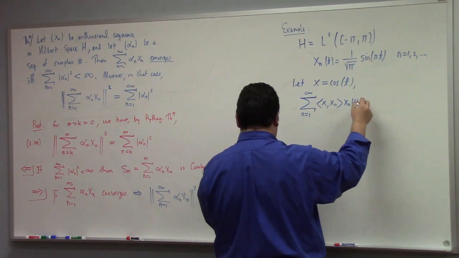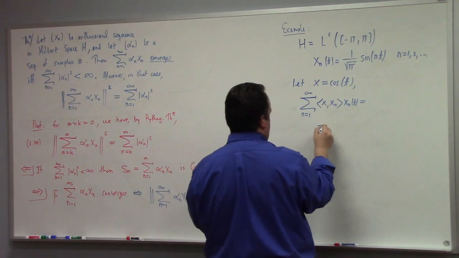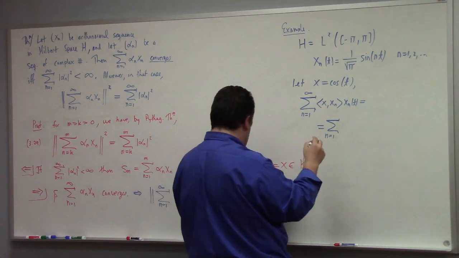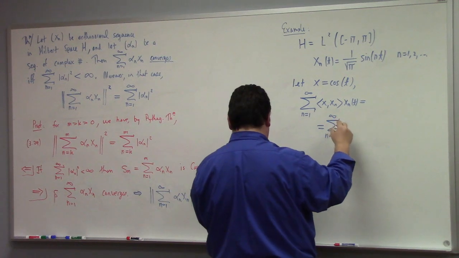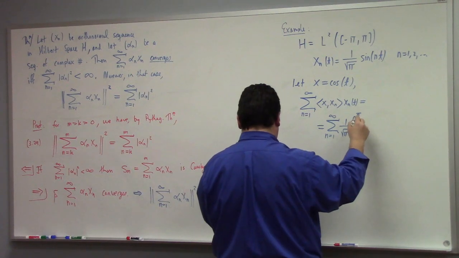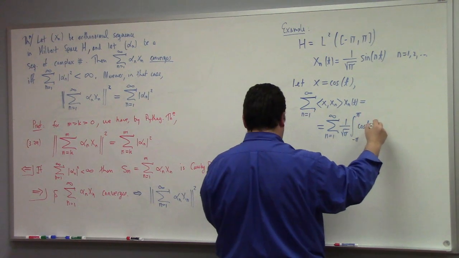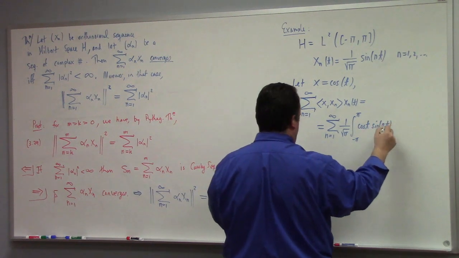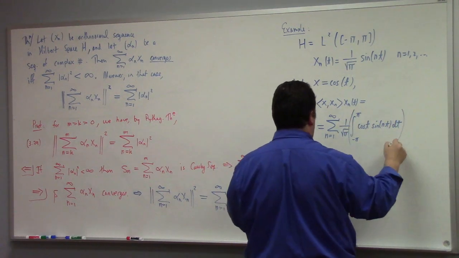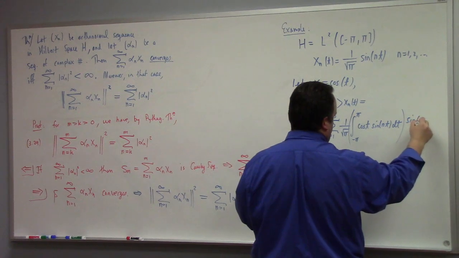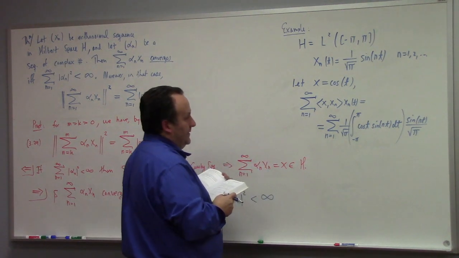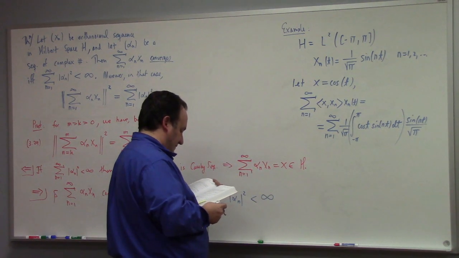It's equal to the sum, n equals 1 to infinity, of 1 over root pi times the integral from minus pi to pi of cos t sine of nt dt, and then you multiply that by sine of nt over the square root of pi. And that integral is 0.